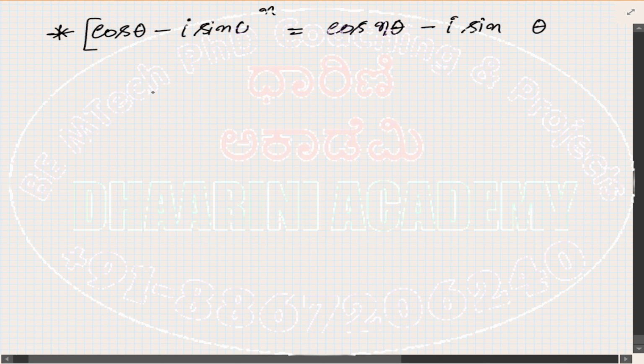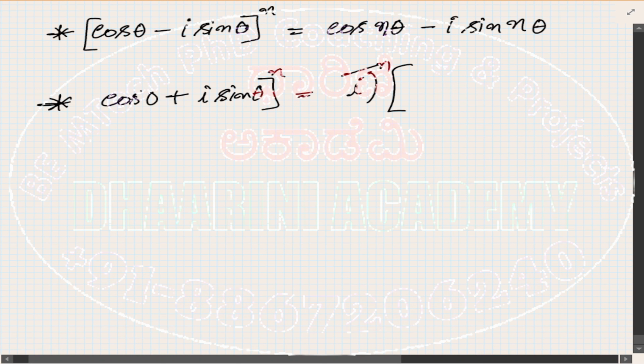If you have (cos theta plus i sin theta) to the power n, this can also be written as i to the power n into (cos n theta minus i sin n theta).